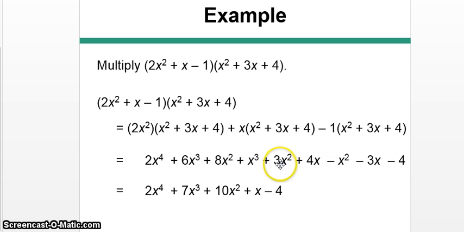So 8x squared plus 3x squared is 11x squared, minus x squared gives 10x squared. Here 4x and negative 3x are like terms. So 4x minus 3x is positive x, and there is a constant negative 4. You have to write it. So the final result of the product of these two trinomials is 2x to the 4 plus 7x cubed plus 10x squared plus x minus 4.